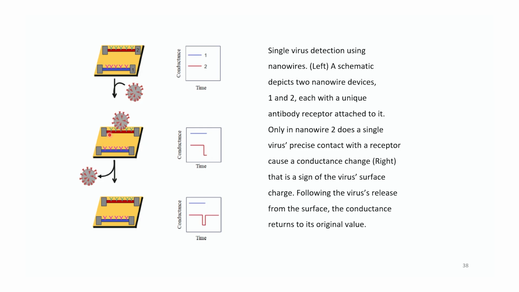So a single virus comes and attaches itself to this antibody, and your conduction will show a change. That is the sign of the virus's surface charge. When the virus is released from the surface, the conductance value will return to its original value. So that is how you can detect it using a nanowire.